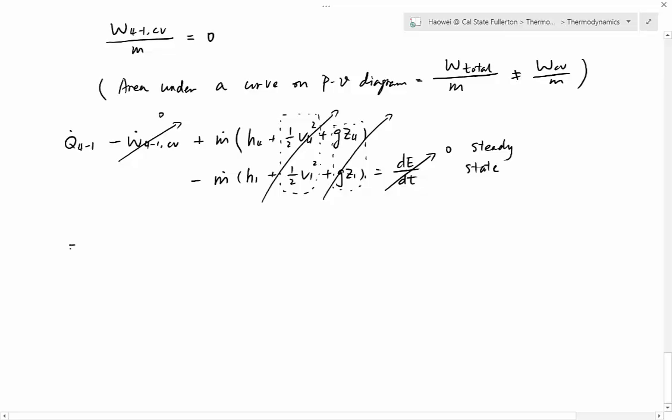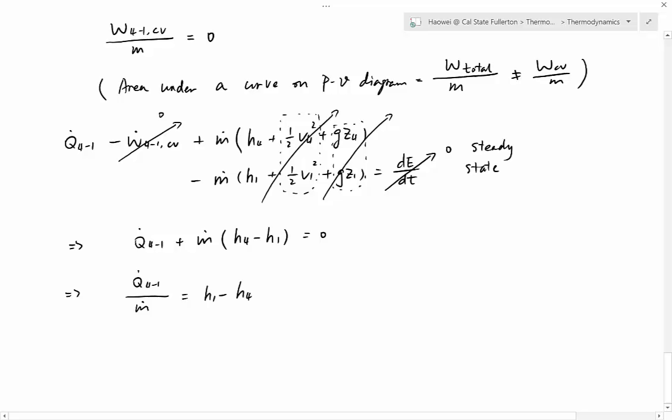And then this equation will be simplified to Q dot 421 plus M dot times H4 minus H1 is equal to 0. And now we move Q and M to one side. Q dot 421 over M dot is equal to H1 minus H4.